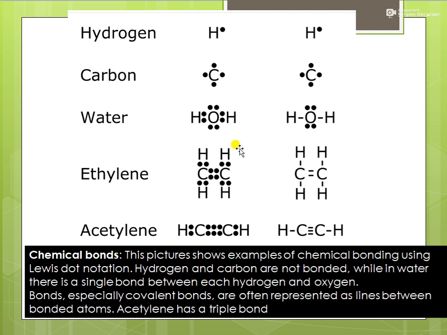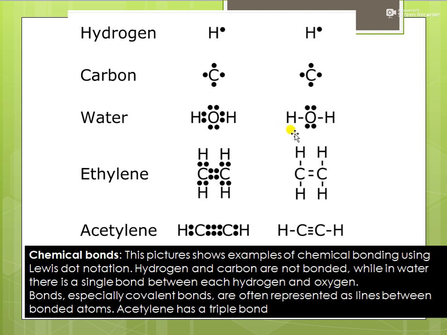If you consider this case, oxygen has 6 electrons, and in order to get 8 it needs 2 more electrons. So it will take 1 electron from one hydrogen and 1 from the next hydrogen. So a sharing of electrons will happen over there. That is an example of a covalent bond.